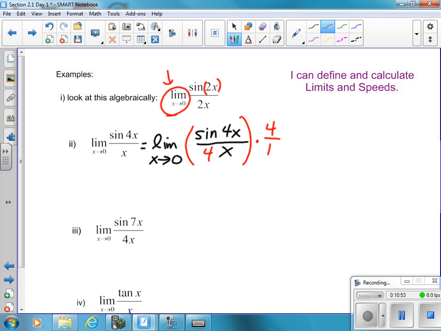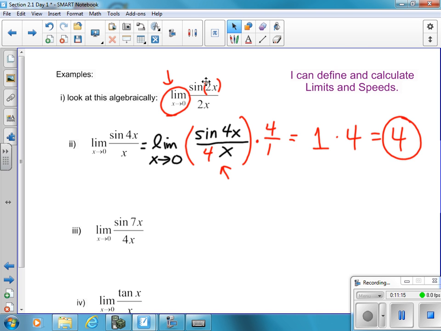So if I take the limit of this times the limit of this, I would use the product rule from the properties we just looked at, and this would equal the limit of sine of 4x over 4x, which is 1, times the limit of a constant, which is 4. So our total limit is equal to 1 times 4, or 4.